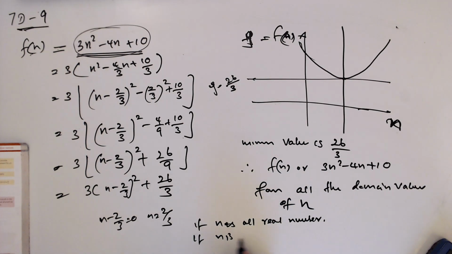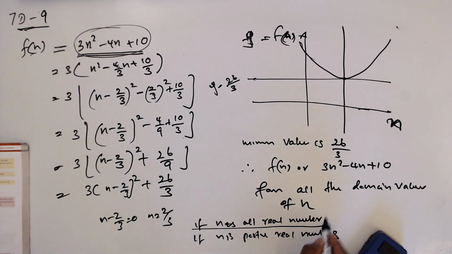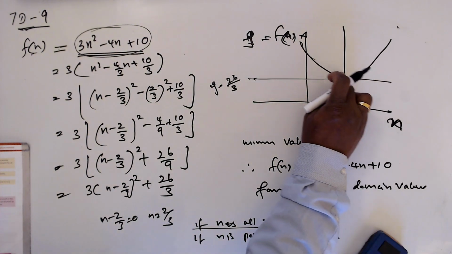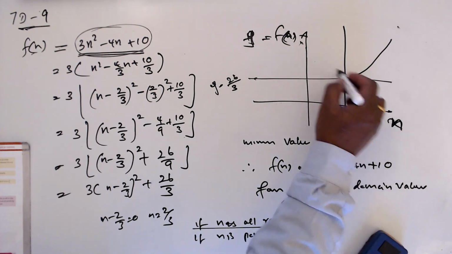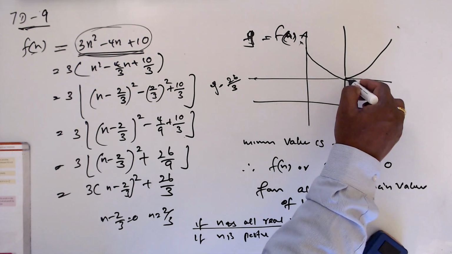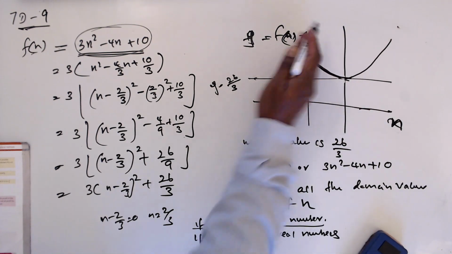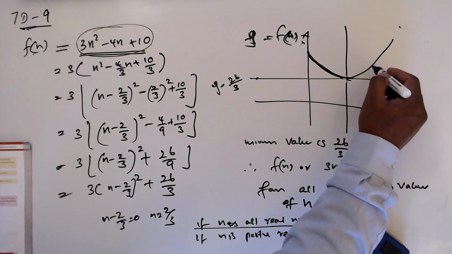If n is positive real numbers, then the graph is going to be, this is f for whole real numbers. If f(n) is for positive real numbers, you can't get this part of the graph here. Actually, up to here you can get all positive values of n and that's all. It's not going up to negative n values, but it will move like this.